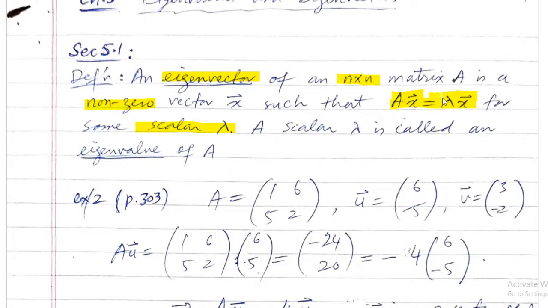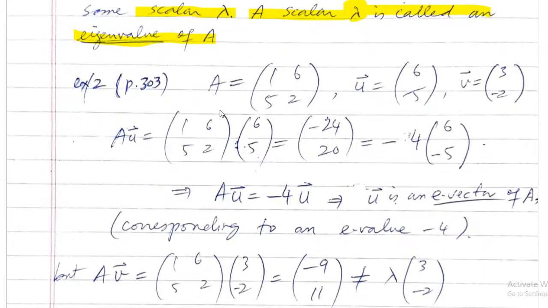Such a vector x is called an eigenvector, and this special number lambda is called an eigenvalue of the matrix A. So any n by n square matrix can have eigenvalues and eigenvectors.